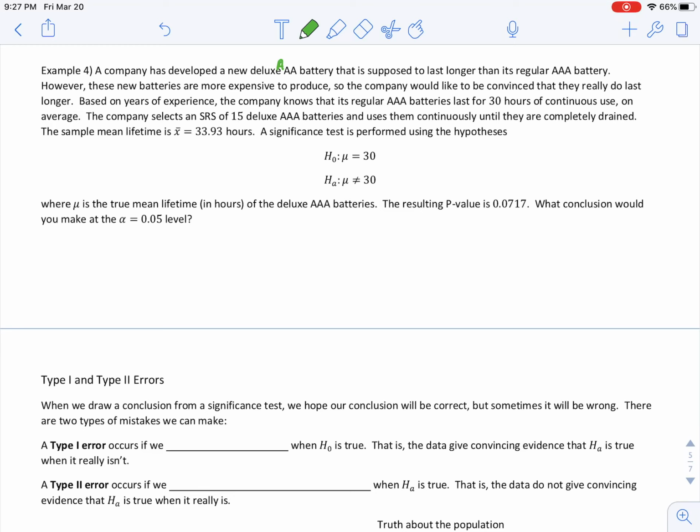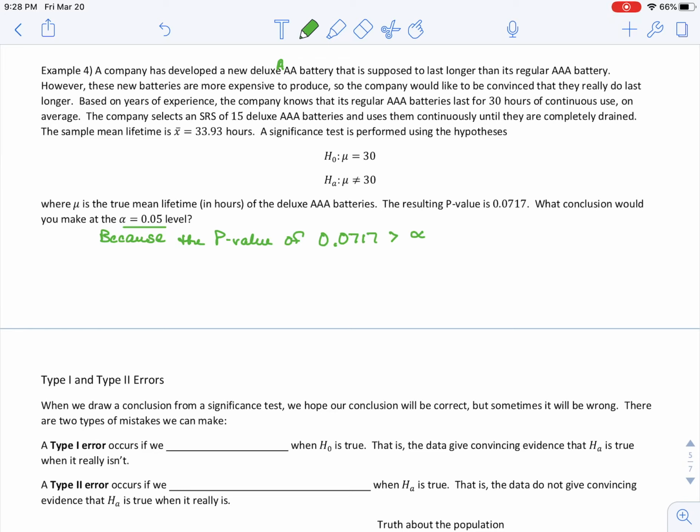So we need to compare this p-value to the significance level. And I'll talk next lesson how to actually calculate these. Because this p-value is larger than the significance level, they chose alpha to be 0.05.